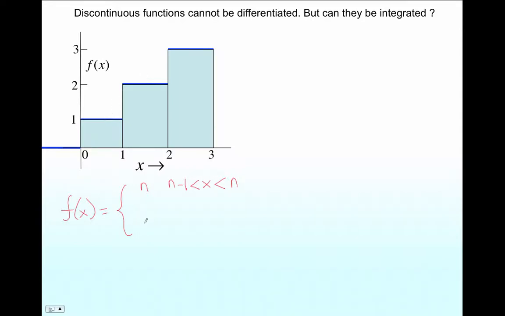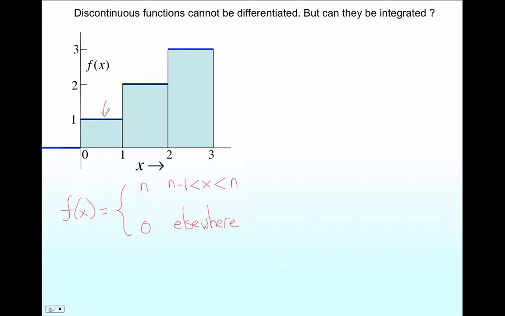Now, to complete the definition of the function, we have to say what it is elsewhere. So I'm just going to say that f of x is 0 elsewhere. And elsewhere here on the real line means x equal to 0, x equal to 1, 2, and so forth. Now, clearly, this is a function that cannot be differentiated except where it is flat.